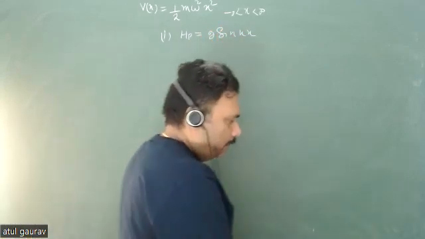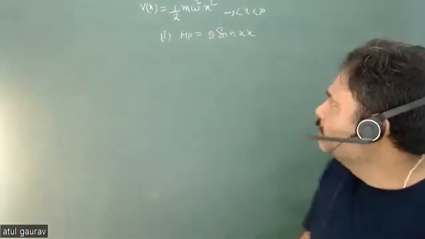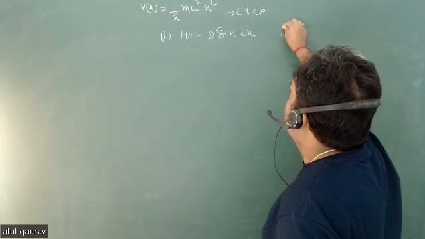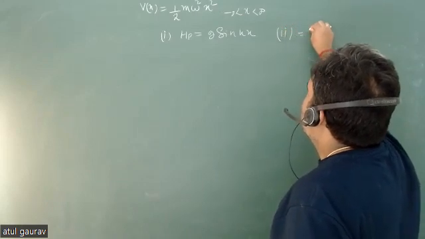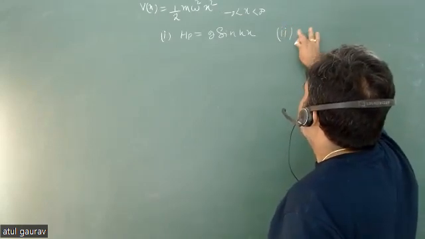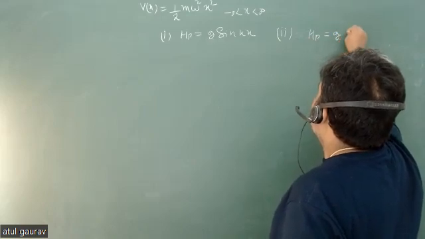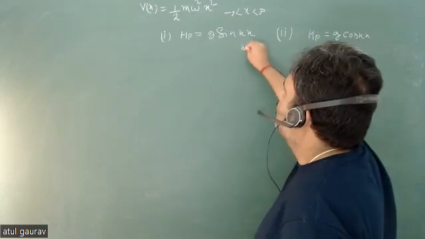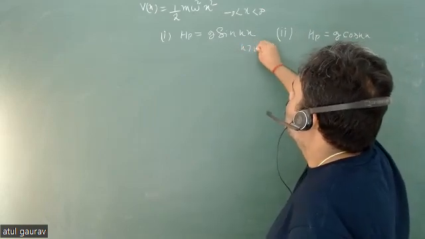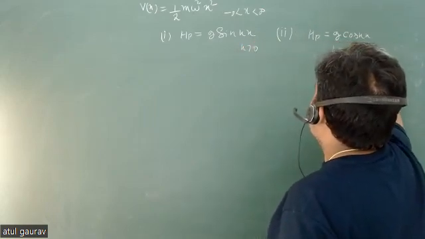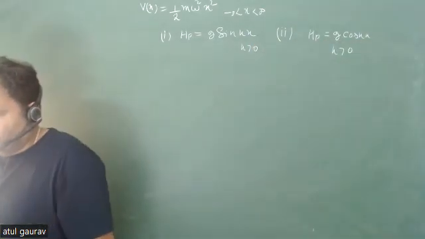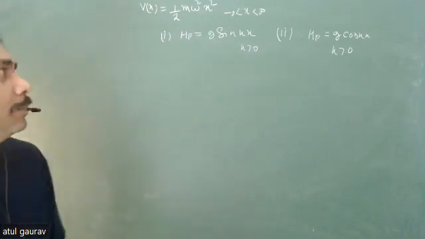This is your first perturbation. Obviously, x is from minus infinity to plus infinity. And what about the second perturbation? HP is equal to G cos kx, where k is greater than 1. Sorry, k is greater than 0. So this is your first perturbation. These are the perturbations.